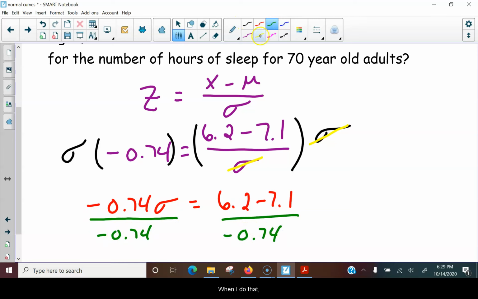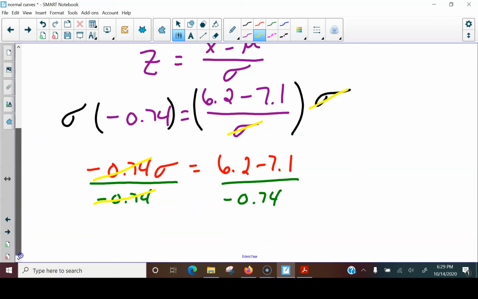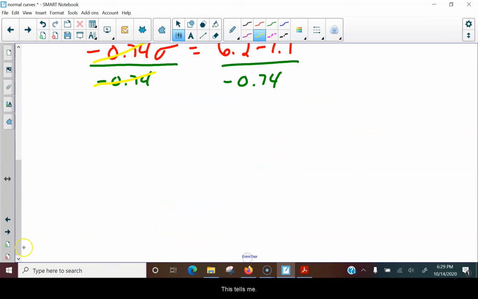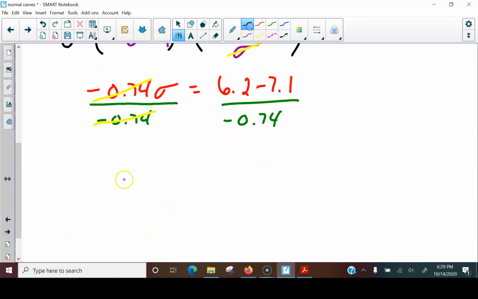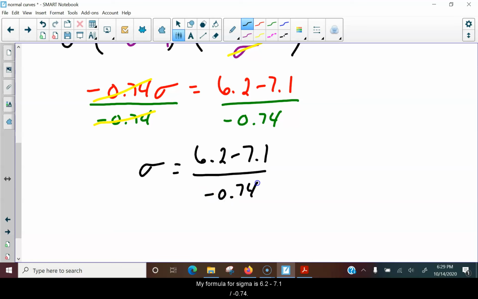When I do that, the -0.74 in this numerator cancels with the one in the denominator from the division. This tells me my formula for sigma is 6.2 minus 7.1 over -0.74, and we put that into our calculator and get 1.22 hours. From this distribution, the standard deviation is 1.22 hours of sleep for 70-year-old adults.